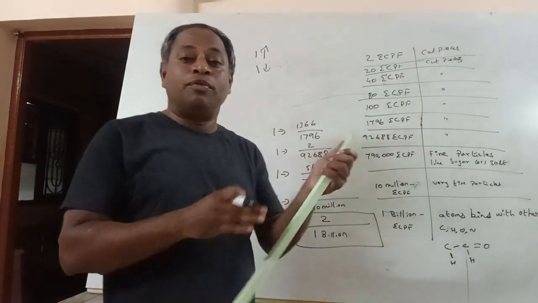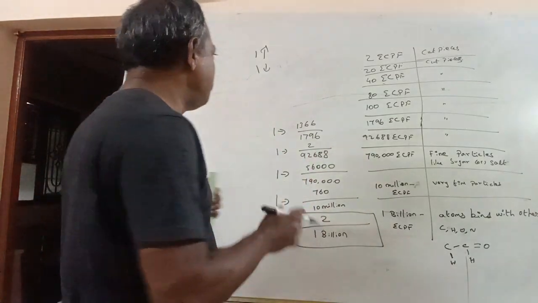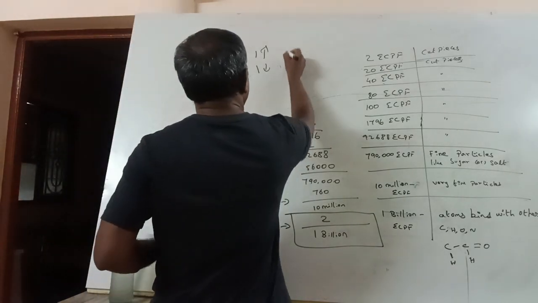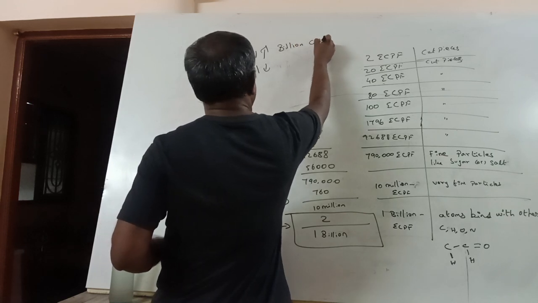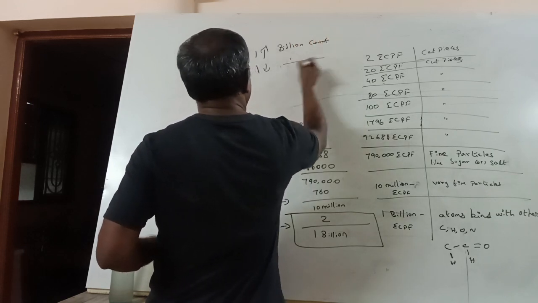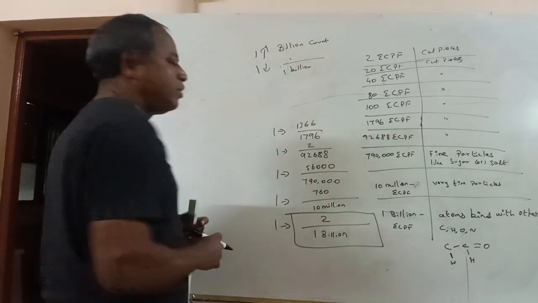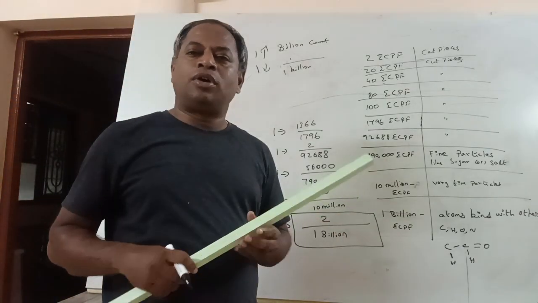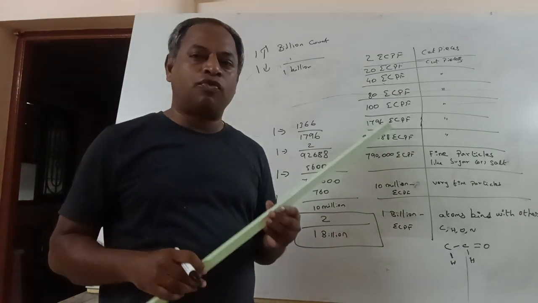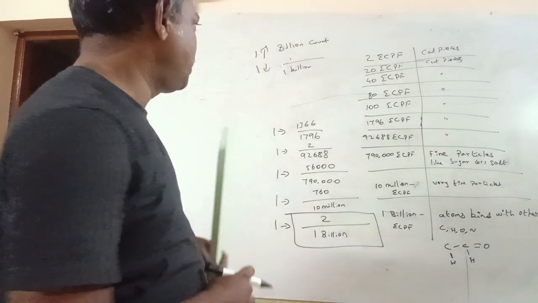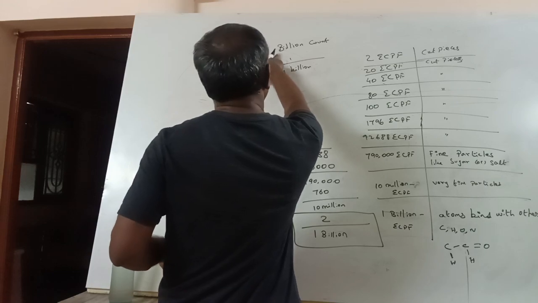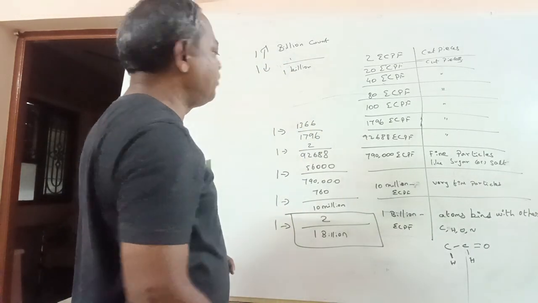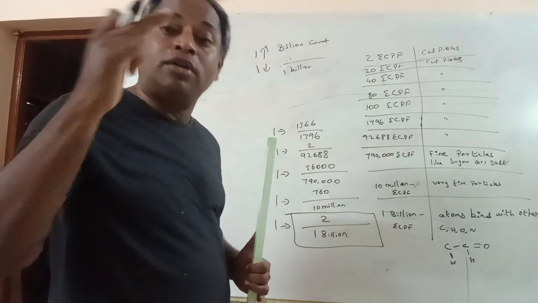When you take this one whole chocolate stick and cut it into 1 billion, earlier you knew 1 billion chocolate stick count, now you know 1 part of 1 billion chocolate stick. Now you know very well how to count and how to write it.